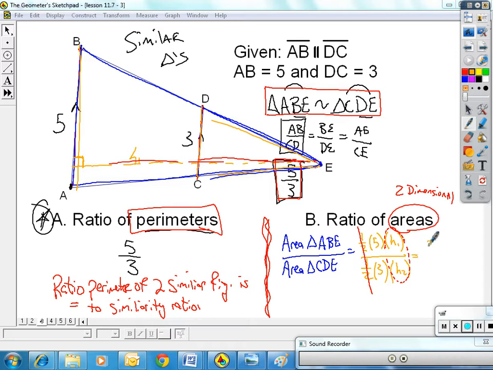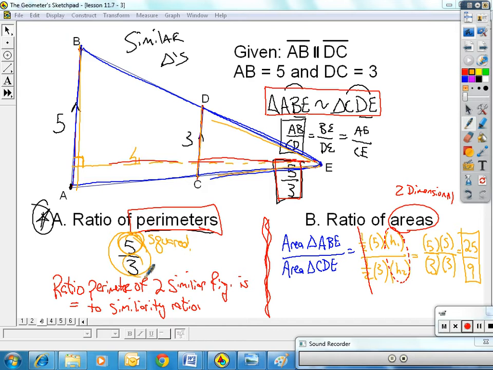So I've got 5/3 times 5/3, and my 1/2s canceled. That's 25/9. My ratio of areas is 25/9 because the ratio of similarity was 5/3. What did I do with the 5 to get to 25? Squared it.